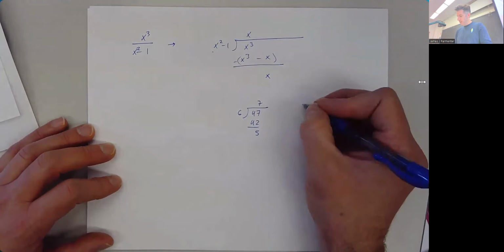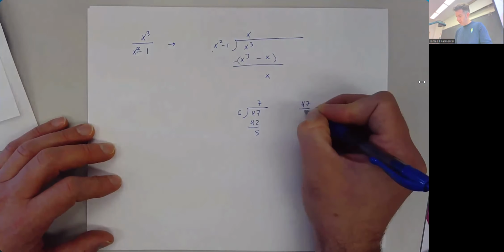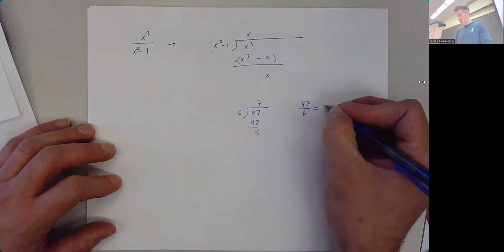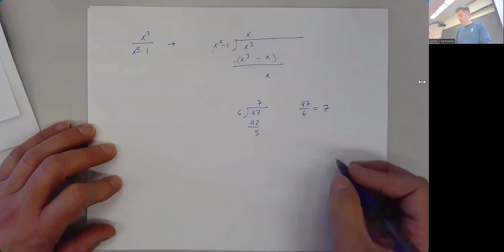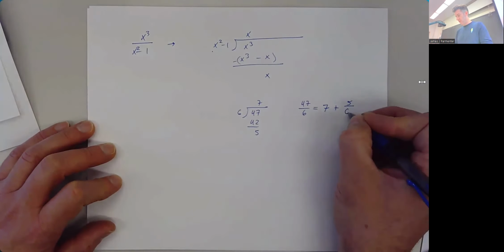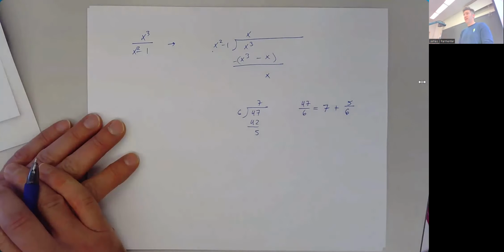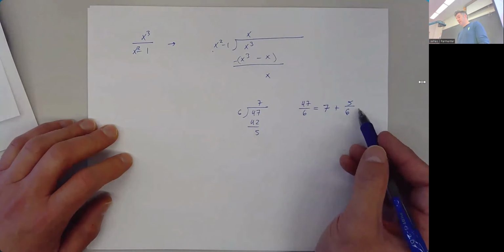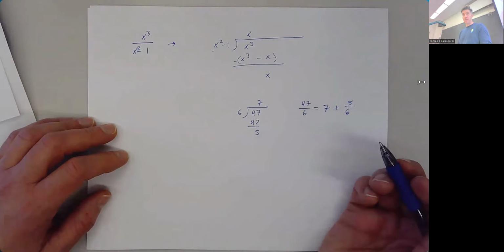So when you write 47 divided by 6, you can really write it as the quotient 7 plus the remainder 5 divided by the divisor 6. That's kind of where mixed fractions come from. 7 and 5/6 is the same as 47/6.